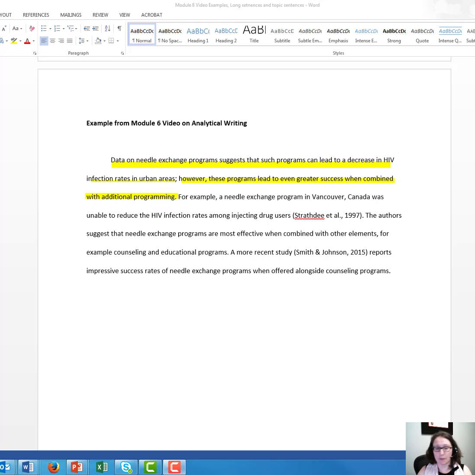And then comes the most widely used and often not used enough version of a great transition, the "for example." Then you provide background for the statements you make in your topic sentence. And in this case, we have 2 citations. So that's just a quick recap from the example I used with you in the Analytical Writing video 2 modules ago.